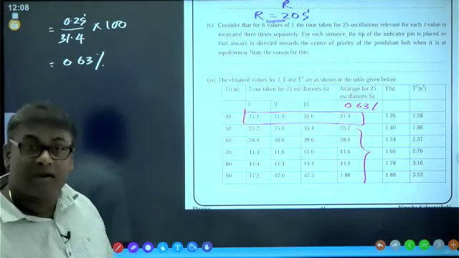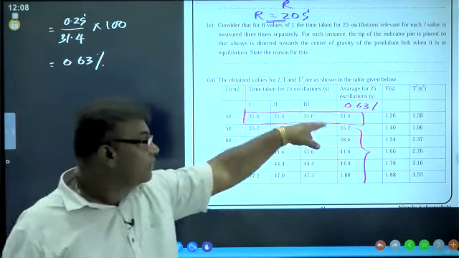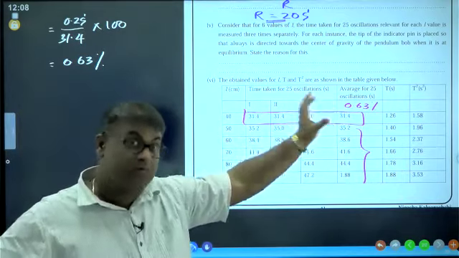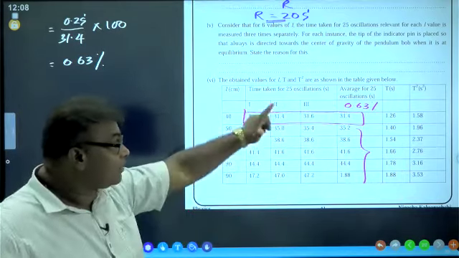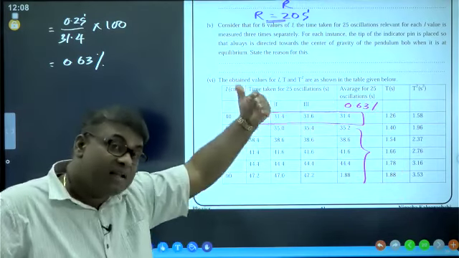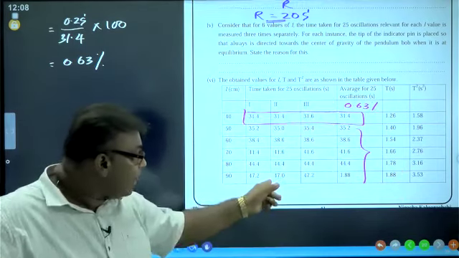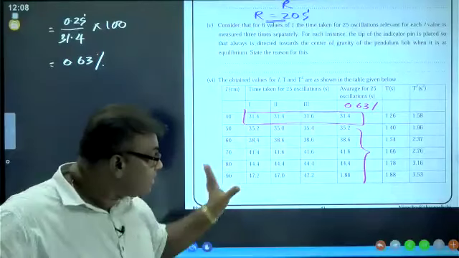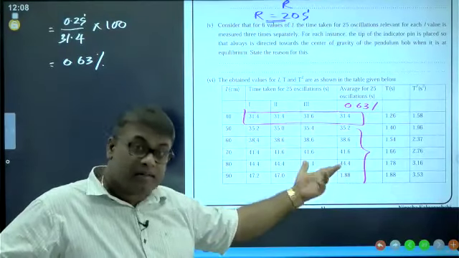So, the lowest time duration has a percentage fractional error for 25 identical oscillations of 0.6%. Then it is less than 1%. All others have readings greater than that time.